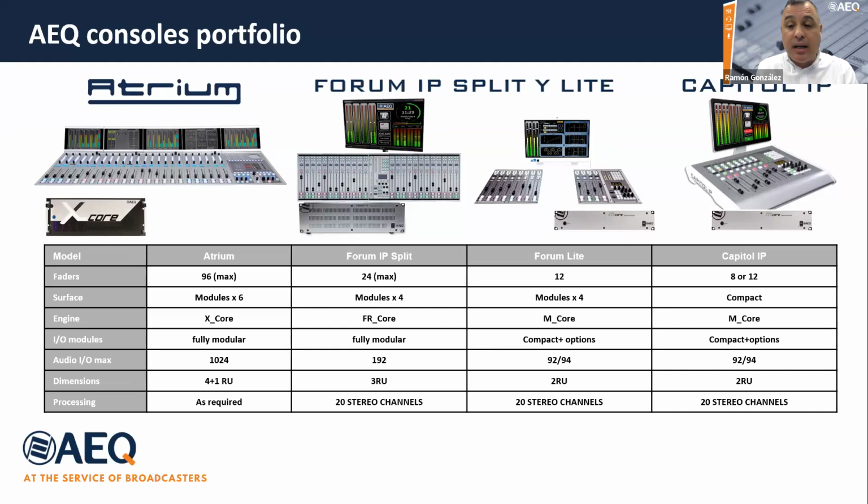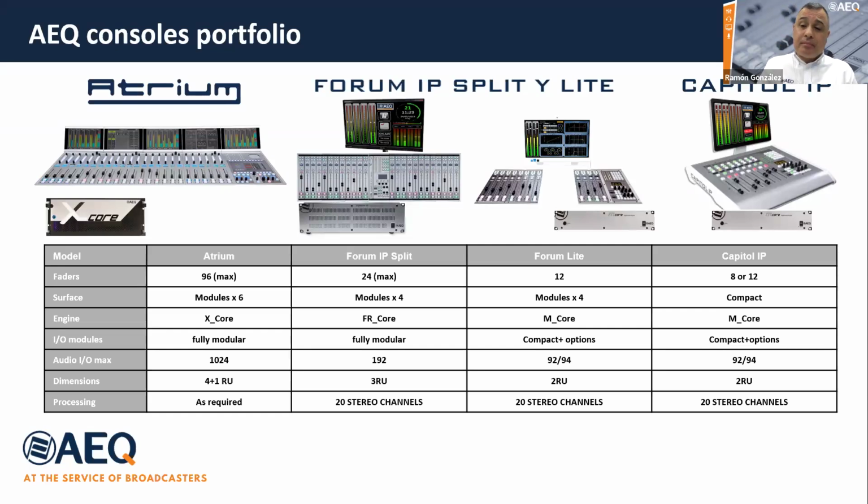The Photon Split engine is up to 14 slots. We have different boards for the engine: microphones, analog input and output, AES3, Dante, hybrid telephone, and many other options really with Photon Split.